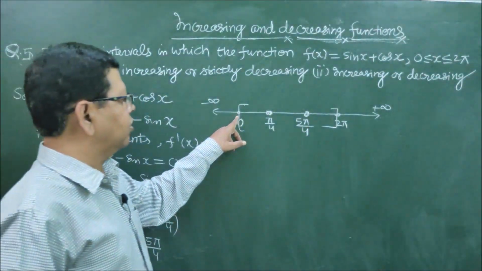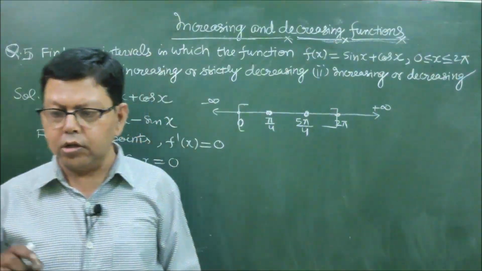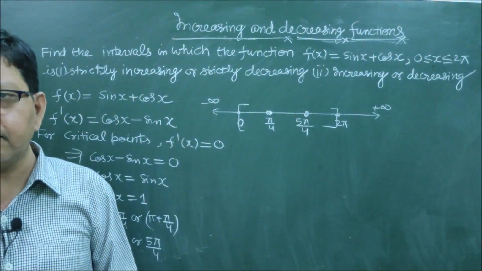Now the interval from 0 to 2π can be split into 3 disjoint subintervals.